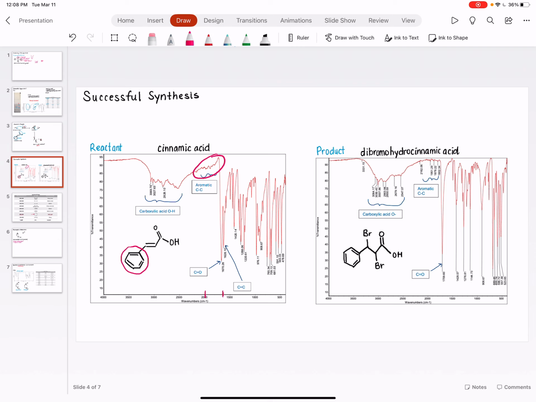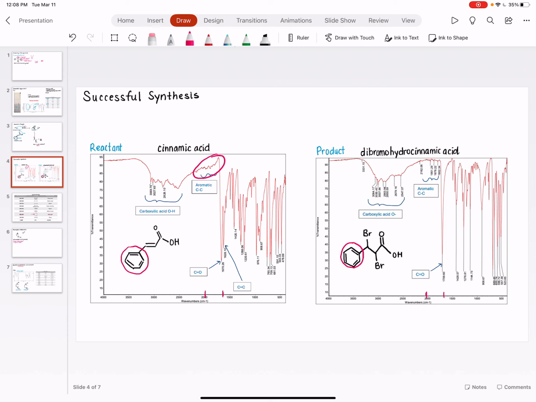And now let's look at our product. Do we have a benzene ring? Yes, we do in the structure. So we should see that show up on our FTIR. So make sure you check. Does your product FTIR have benzene? Have those like weak teeth? So let's look again from 2,000 to 1,650, somewhere in there.